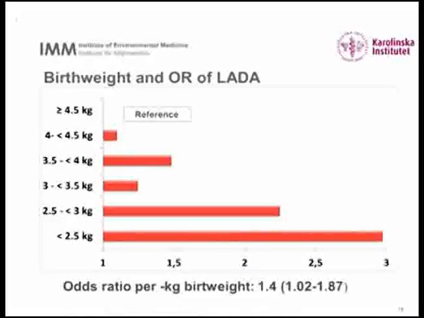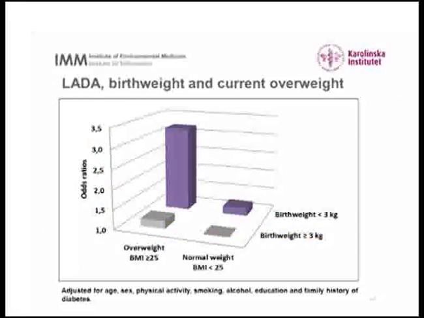When they stratified by age, they found that as the birth weight goes lower, much below 3 and 2.5, the risk for LADA increases several fold. The birth weight was taken on verbal questioning, and 50% of the patients luckily already knew their birth weight.